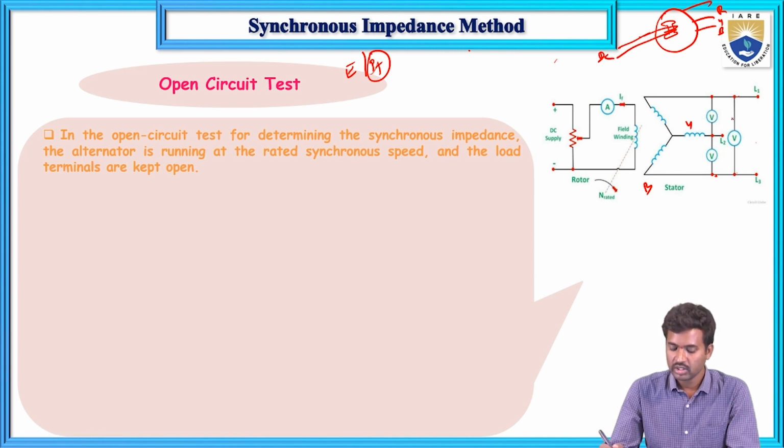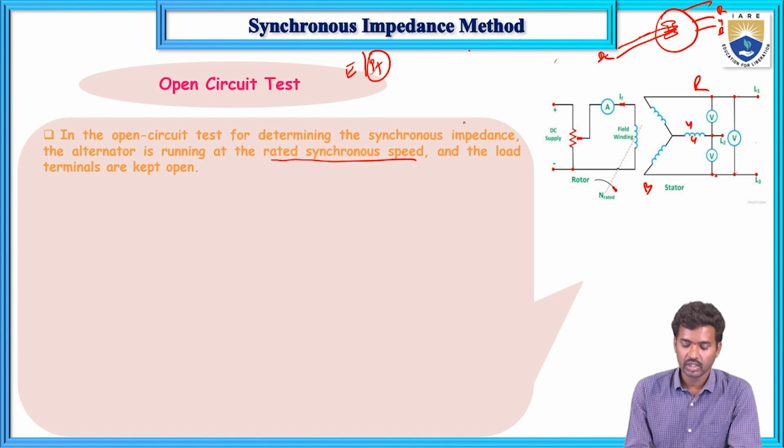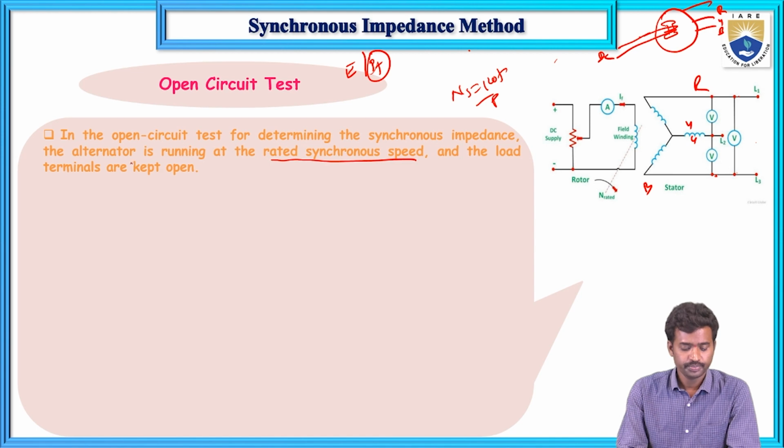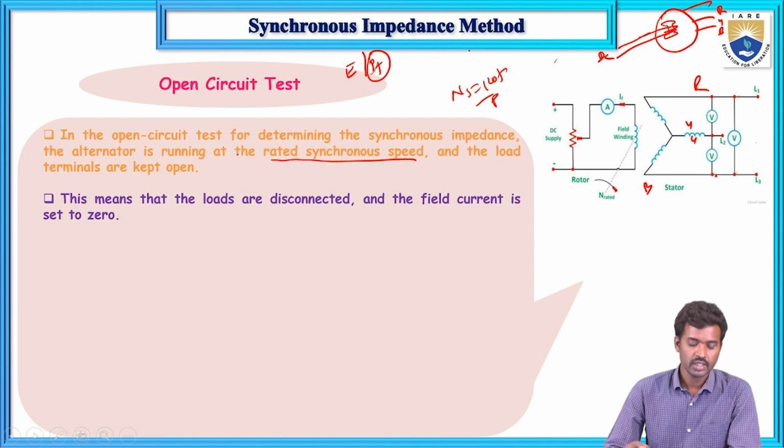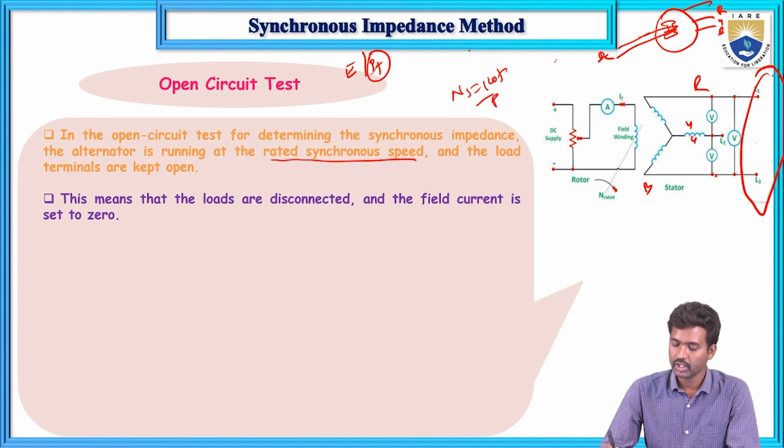The load terminals R, Y and B are open circuited and 3 voltmeters are connected across these terminals. Rated speed is Ns equals 120 f by P. This means load terminals are disconnected, there is no load, and field winding is set to 0 value.